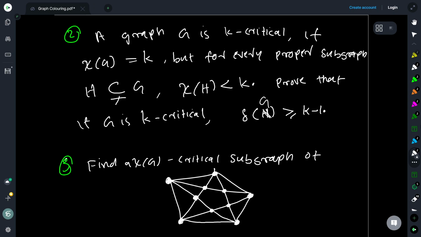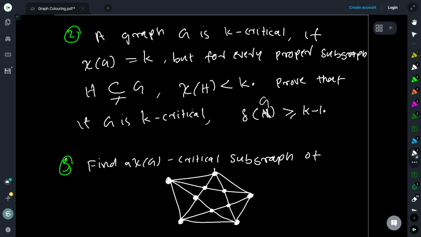Then I have given a graph here and ask you to first find the chromatic number and then find a chi-G critical subgraph. If a graph is K chromatic, it will always contain a subgraph which is critical and K chromatic, that is, K critical.